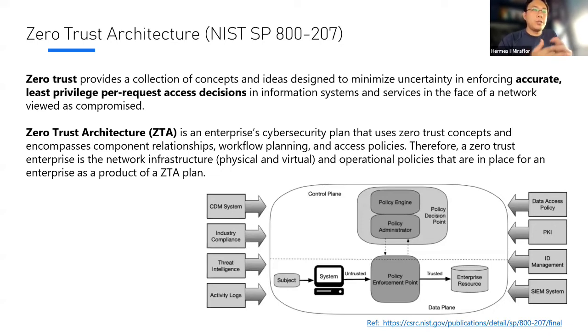That policy decision point will be passed to the policy enforcement to enforce whatever is the decision. And then on the sides, you have here various components. So you have your data access policy, your PKI, if you're using certificate-based authentication, let's say your identity management provider, you have your SIEM solution, activity logs, threat intelligence, all of those components.